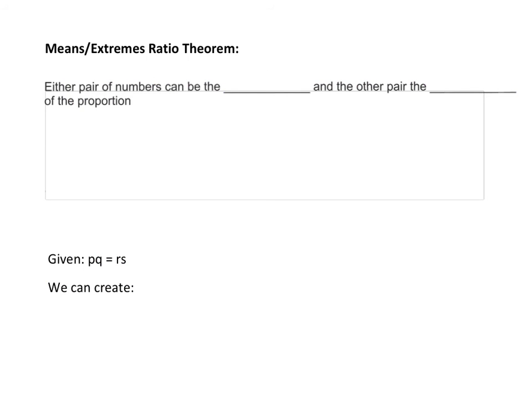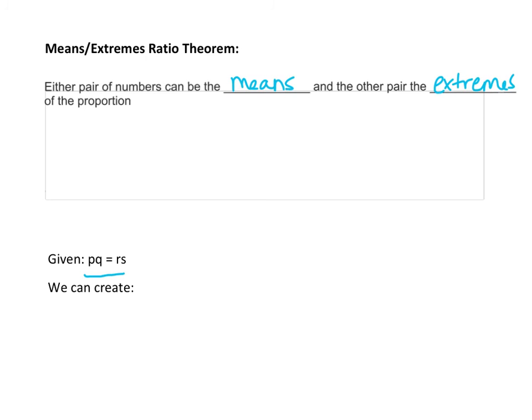So our Means Extremes Ratio Theorem tells us that either pair of numbers can be the means, and the other pair would be the extremes of the proportion. So if we're given that P/Q is equal to R/S, we can create some different proportions from that.